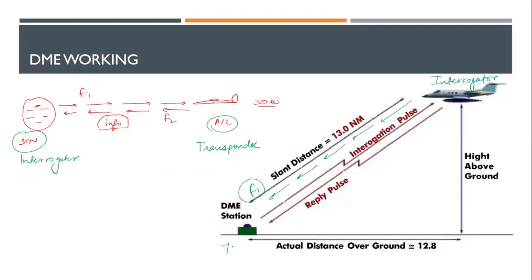The station is on the ground, and it is known as the transponder. Okay, the transponder will take its time of 50 microseconds again, and it will send out a signal on a different frequency F2. The system remains the same, but there's a difference of interrogator and transponder. Please remember this point very well before you proceed to the depth of this chapter. Okay, remember it. Okay, we understood this.